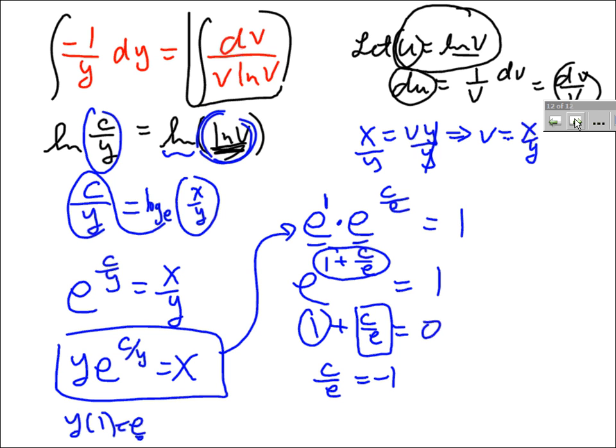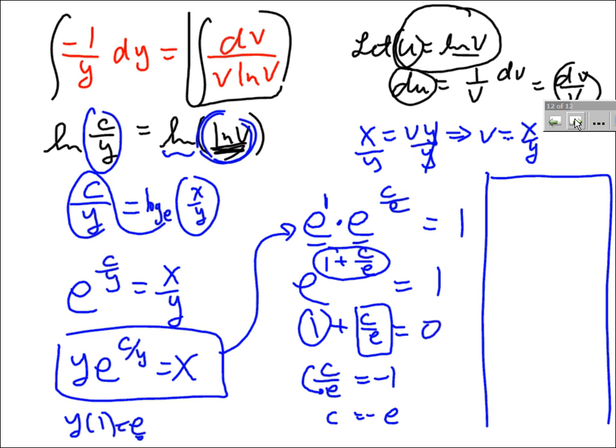A fraction is negative 1 when the top and the bottom are not equal, but they differ by signs. C is negative e. So I'm going to write the answer right there. C is negative e. So y e to the negative e over y is equal to x.